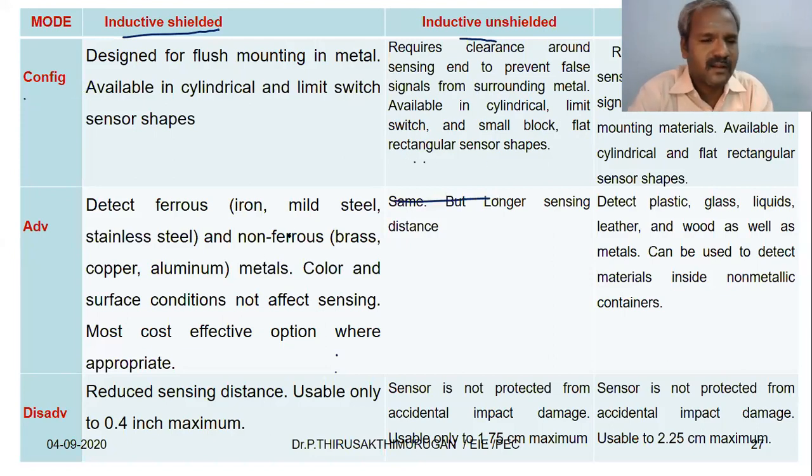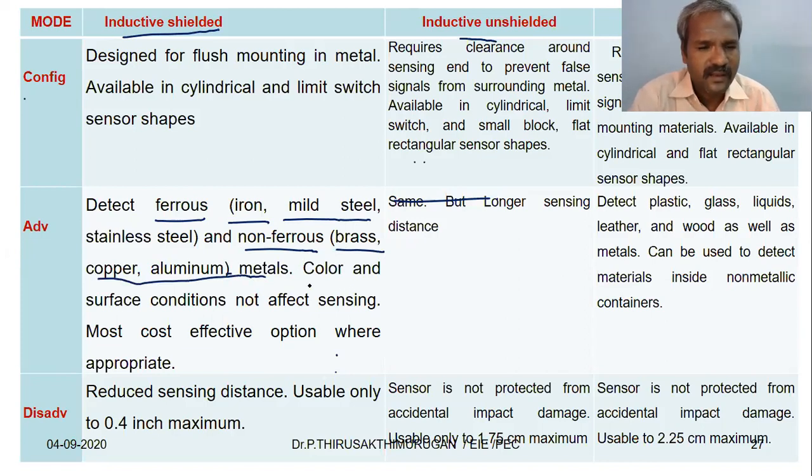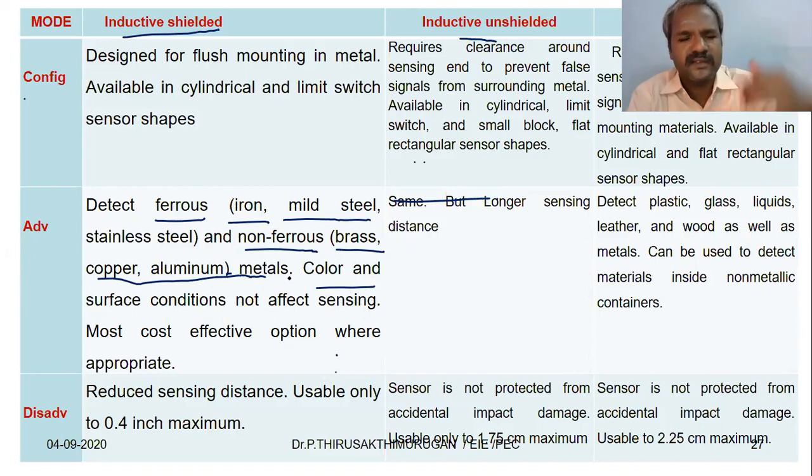So the advantage of the inductive shielded sensor head: the proximity sensor detects ferrous metals such as iron and mild steel, and non-ferrous metals such as brass, copper, aluminum and stainless steel. So it detects both ferrous and non-ferrous. Also, color and surface conditions do not affect the sensing head because it is fully shielded.